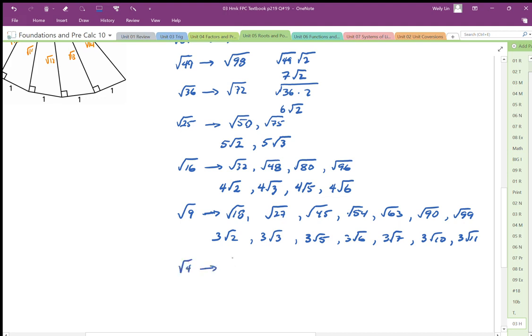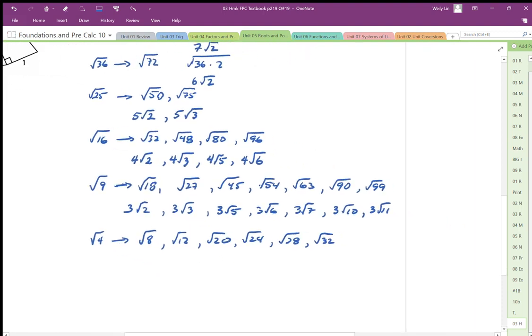And so we're going to go root 8, root 12, root 16, we'll skip root 20, root 24, root 28, root 32, root 36 is a perfect square, so we'll skip that one.